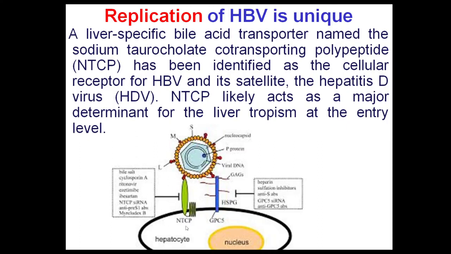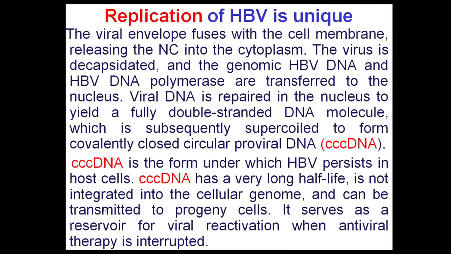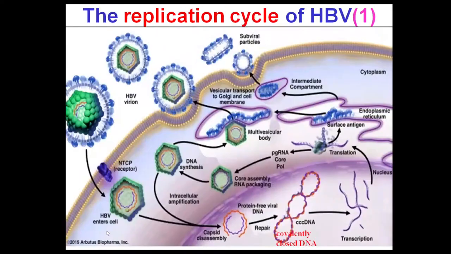You can see this is the receptor. And it is believed that the heparan sulfate inhibitor can be used to prevent the binding and entering into the cell. The viral envelope usually fuses with the cell membrane. So we describe the replication of the virus, right?